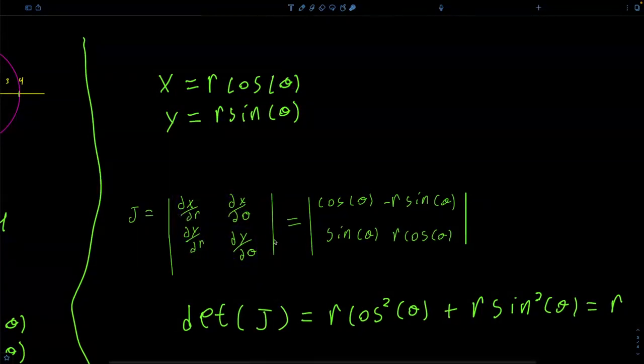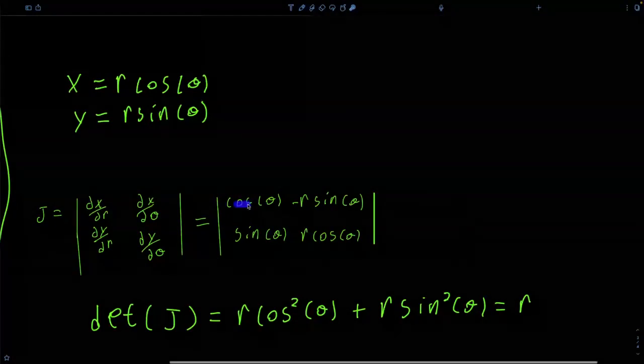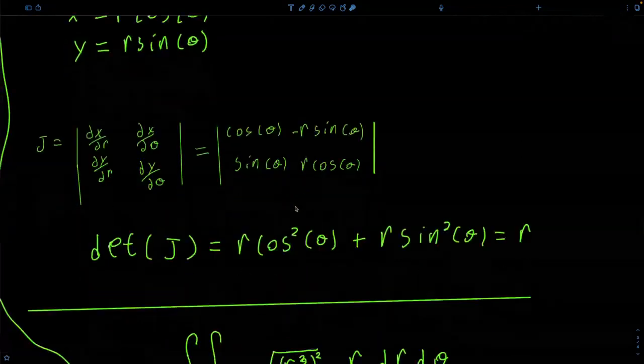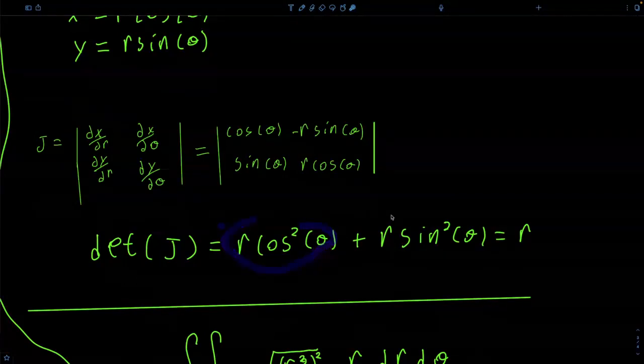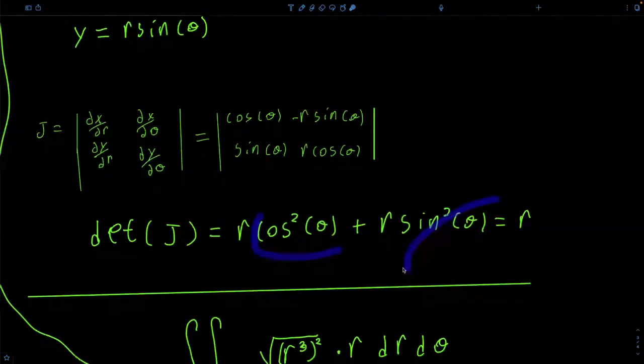This gives cosine theta, sine theta, negative r sine theta, and r cosine theta. We take the determinant of that Jacobian and get r cosine squared theta plus r sine squared theta, which equals r because cosine squared and sine squared equals 1.